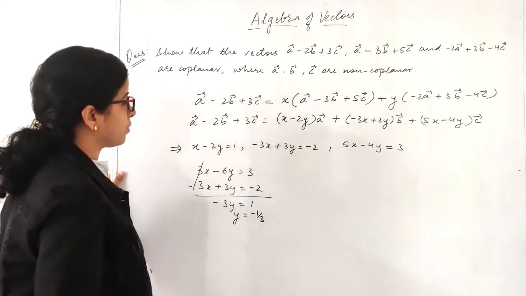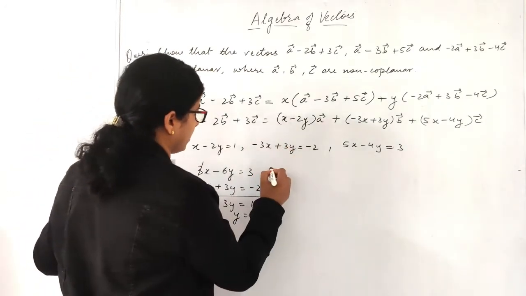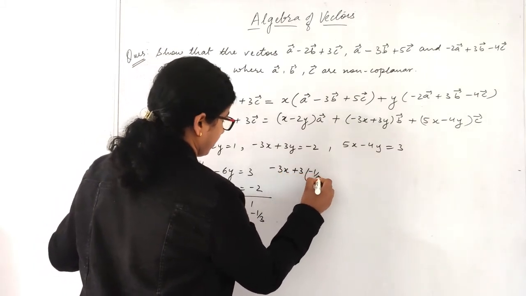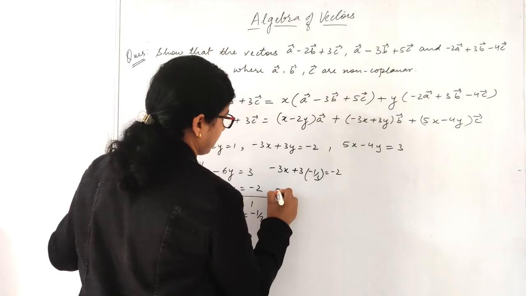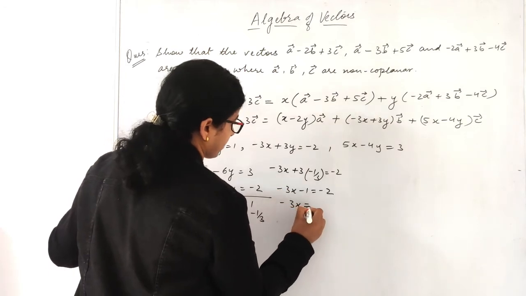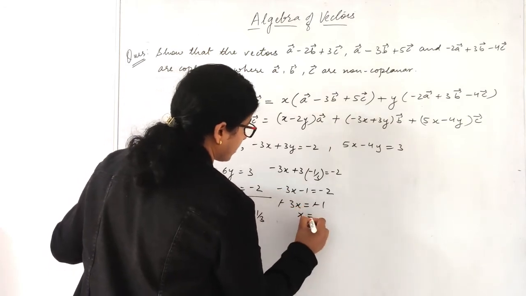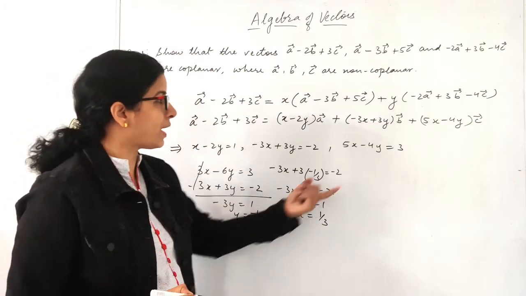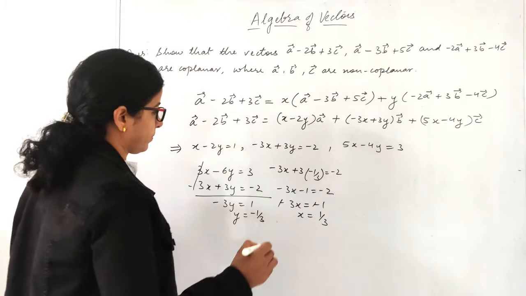I have multiplied this equation by 3 and I am adding it to this equation. So I got y equals minus 1 by 3. Let us substitute here. I got x also equals 1 by 3. Now let us substitute the values of x and y in this equation and check.